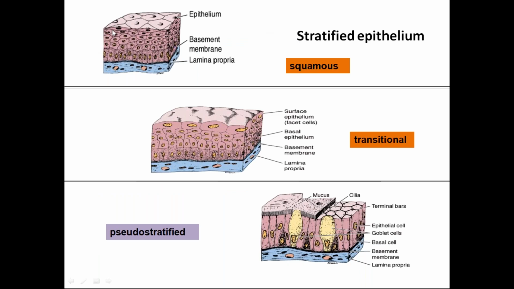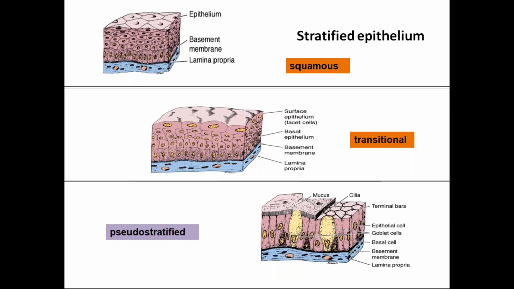In stratified squamous epithelium, the naming is by the surface cell. The surface cell is squamous in shape, so its name is stratified squamous epithelium. The basal layer is cuboidal to columnar, but gradually the height of the cell reduces, and the surface cell is squamous.